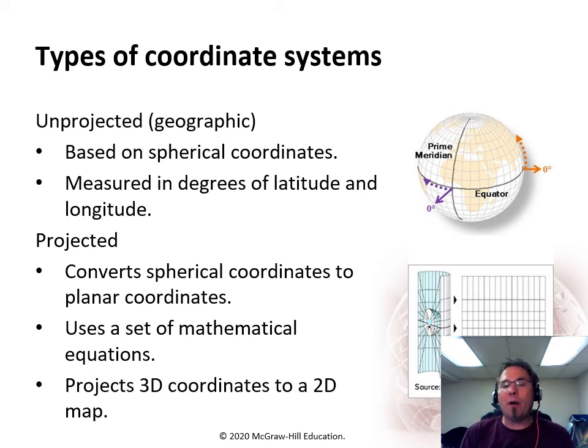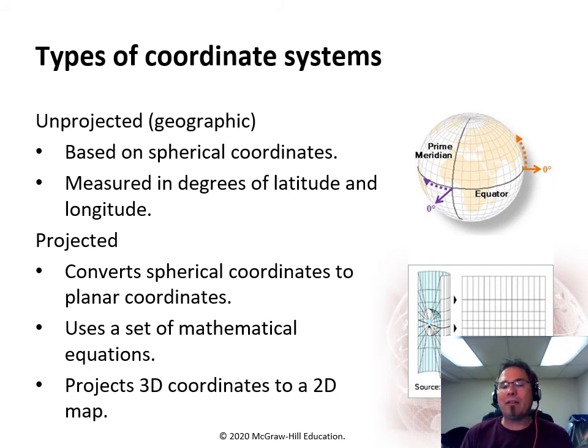However, we do all of our mapping and analysis on a flat plane, whether it be a computer screen or a map. So you have to convert those spherical coordinates to planar coordinates using a set of mathematical equations. Now, if you've ever seen the math that does that, it's very scary stuff. Luckily, everything we have to do is drop down menus. All the math's been done for us in the background, but you still have to understand how to set it up. It's not complicated.